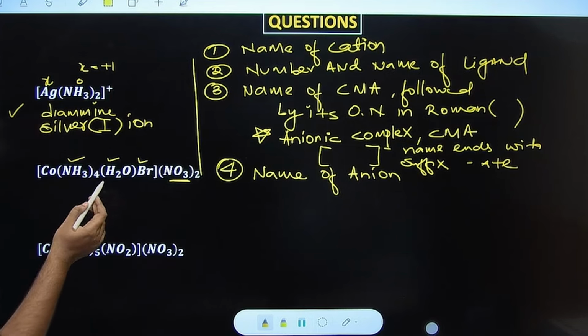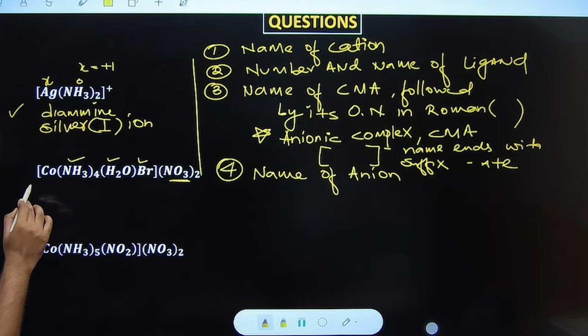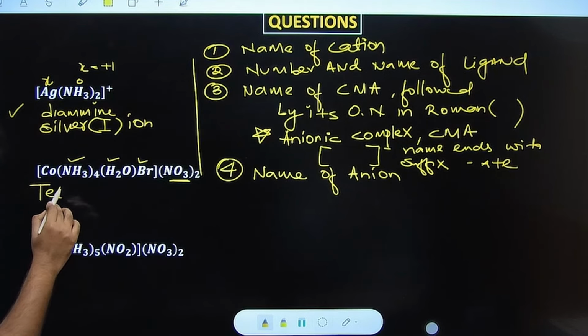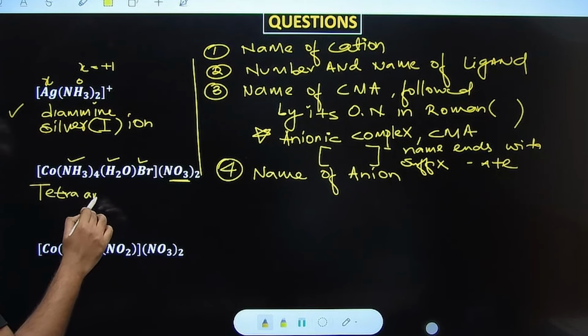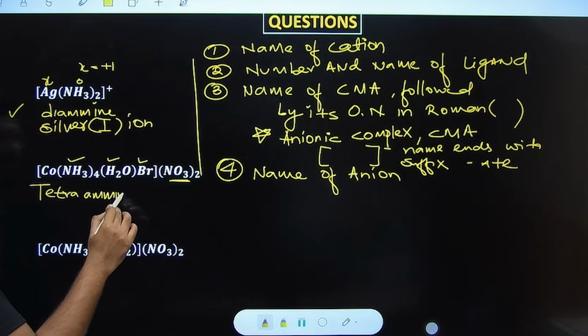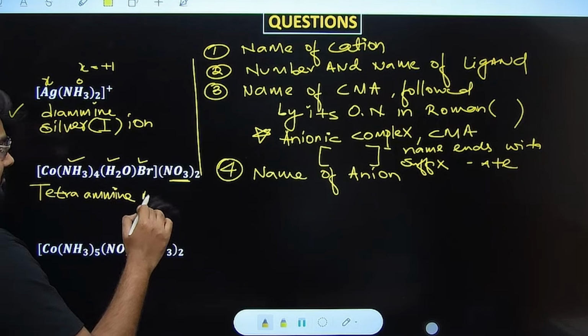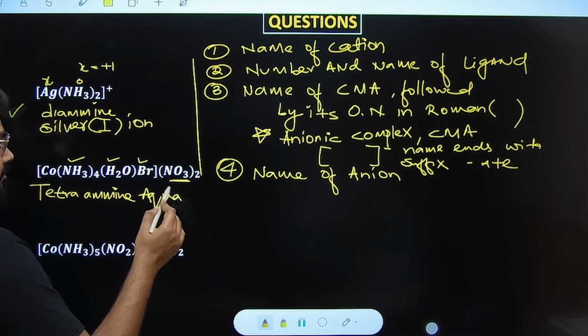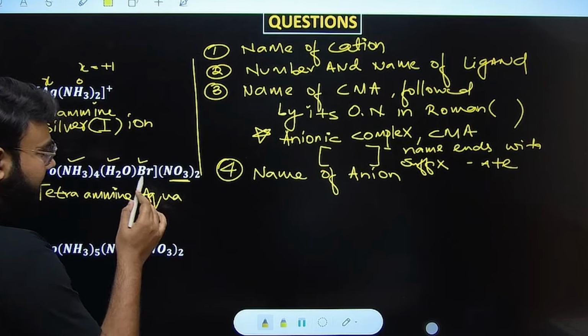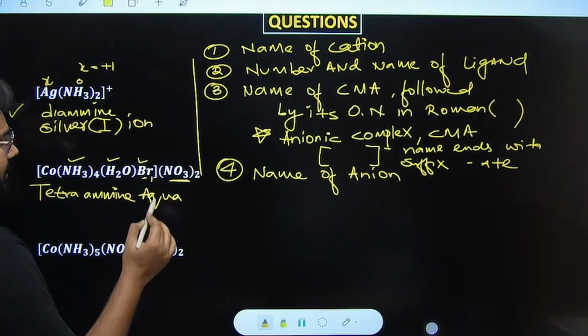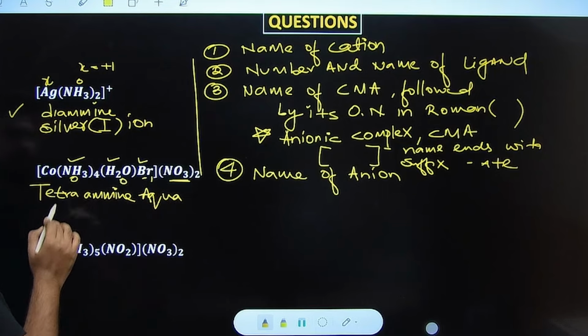First of all, amine comes first. So tetraamine, because 4 is there. So tetraamine with a double M. Tetraamine, after that aqua. Br is bromido. Remember, negative ligand, it's -1. This is neutral, this is neutral.